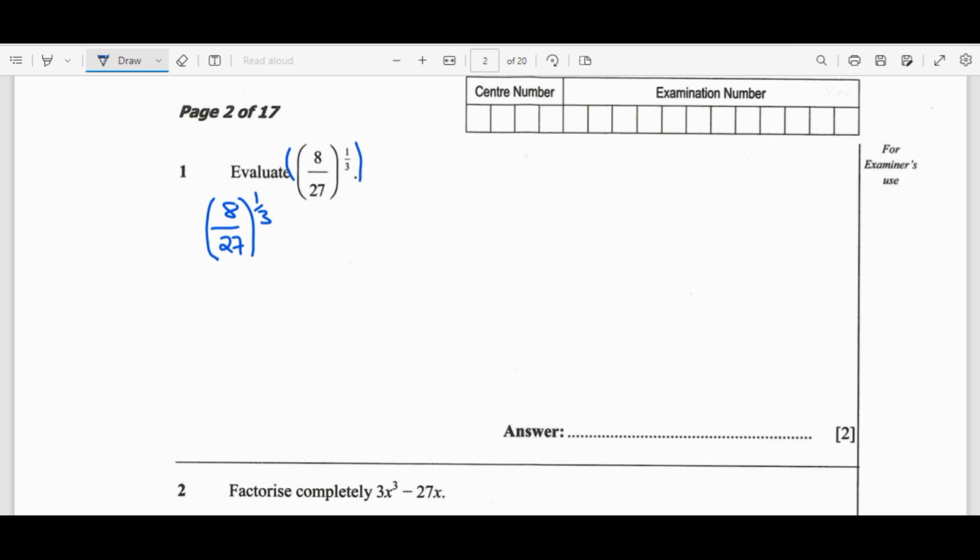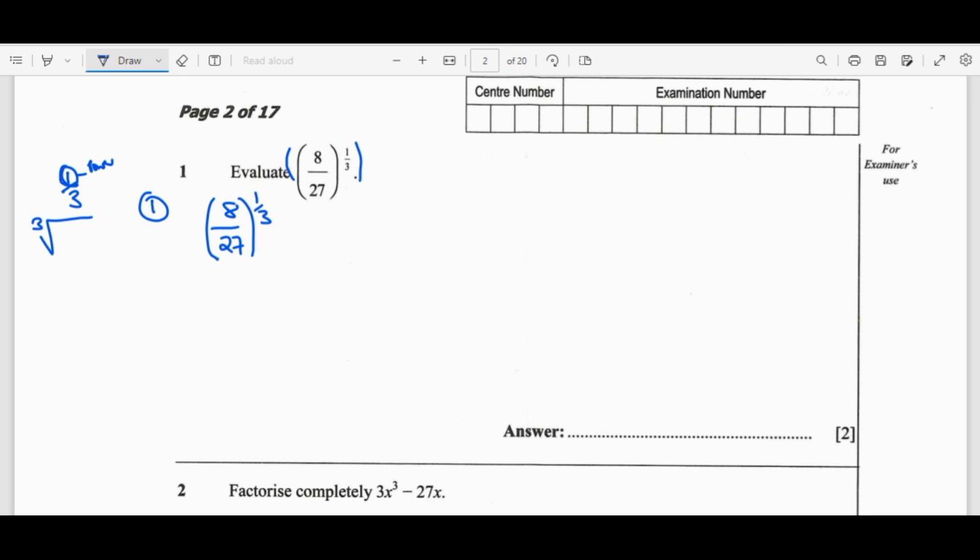The first method: we have this fraction which is given. Always you'd find that the numerator here will be the power, and the denominator will be outside the root.